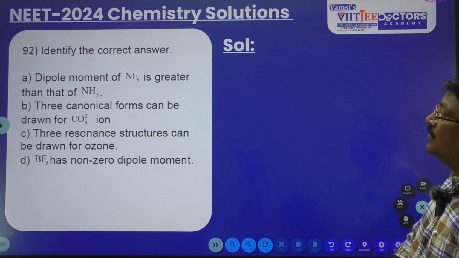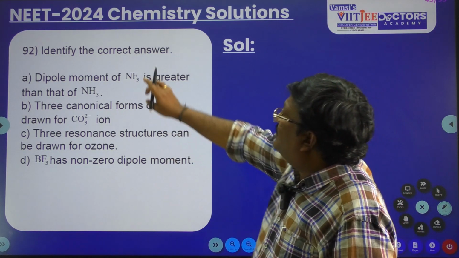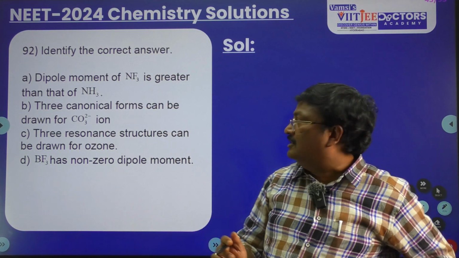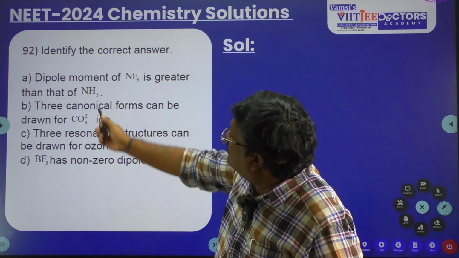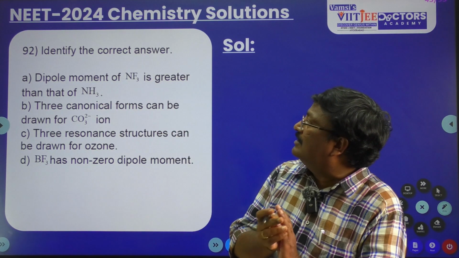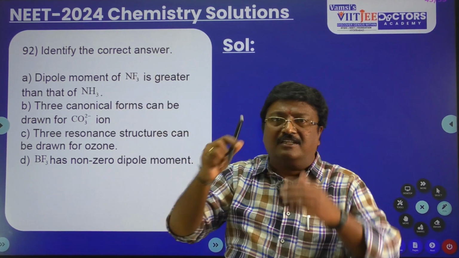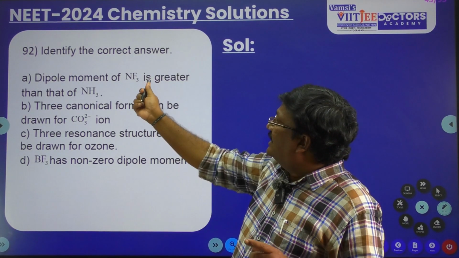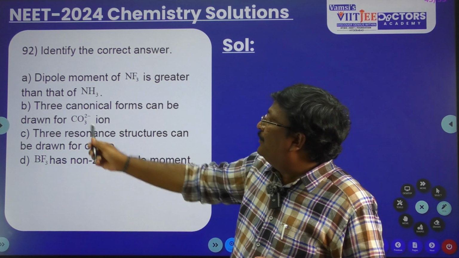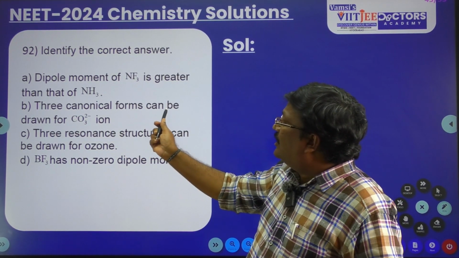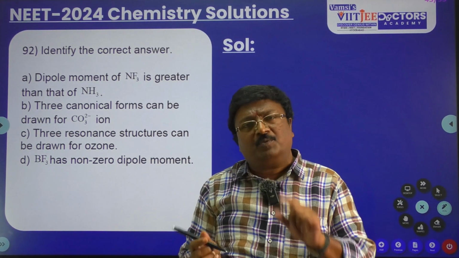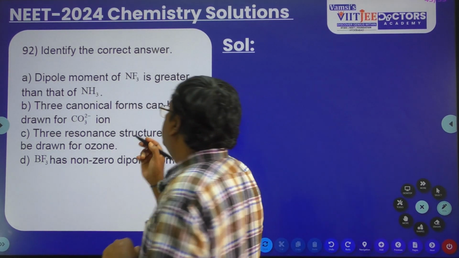Here coming to next question. Identify the correct answer based on chemical bonding. Dipole moment of NF3 is not greater, it is lesser. Here greater is given, it is not correct. Here 3 canonical forms can be drawn. It's true because it has 3 sigma bonds in it.